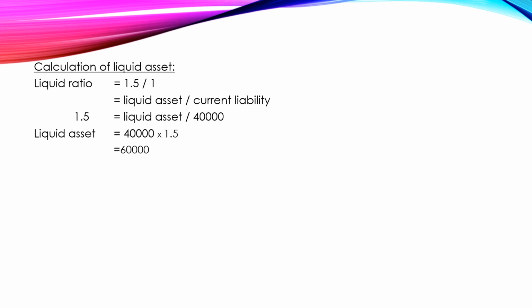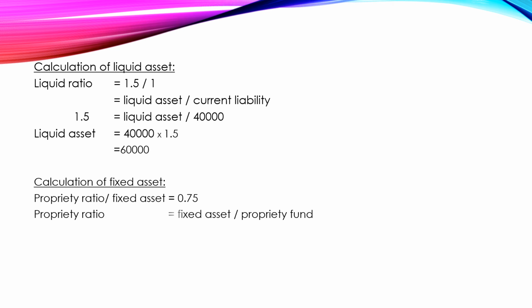Next, we are going to calculate fixed asset. Calculation of fixed asset. Proprietary ratio of fixed asset is equal to 0.75. Proprietary ratio formula is equal to fixed asset divided by proprietary fund.